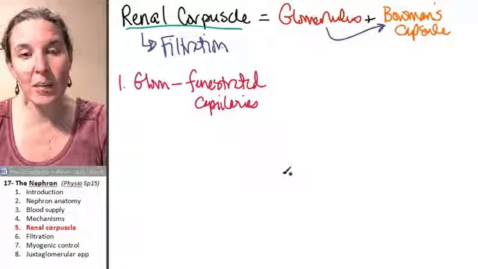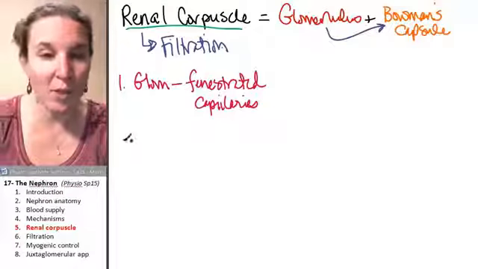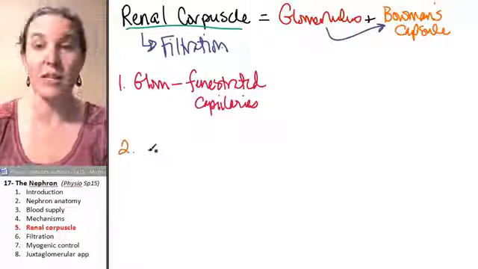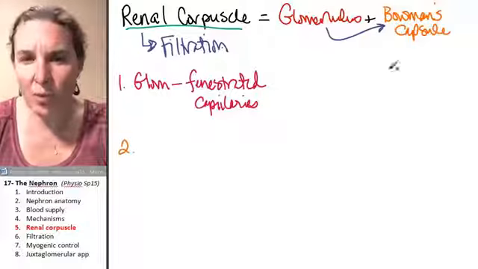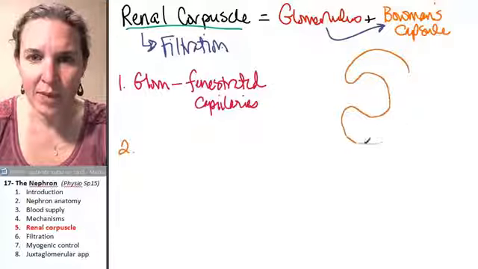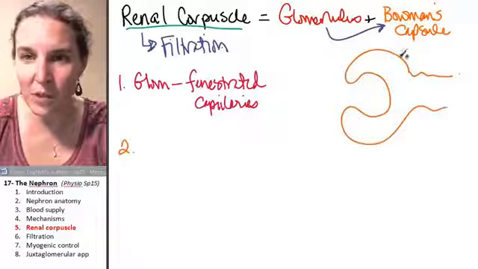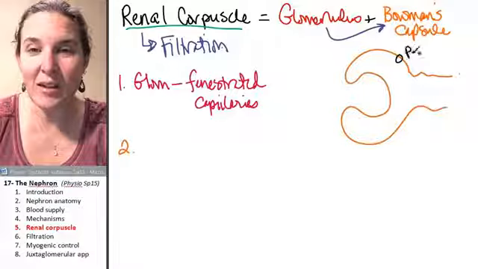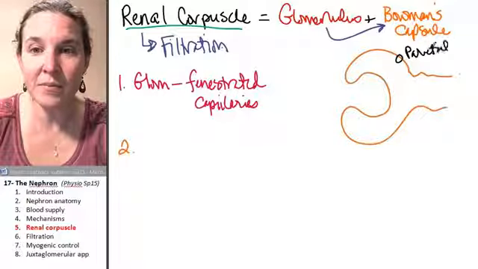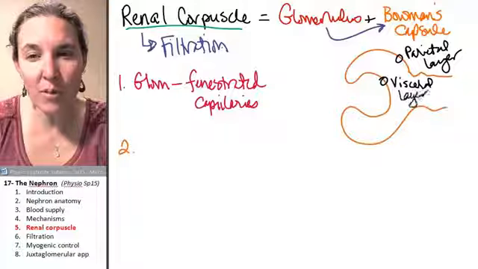They're fenestrated capillaries that are surrounded by Bowman's capsule, which also has some unique characteristics. Remember how I showed you Bowman's capsule looked like this? It had the two layers, and anatomy humans know that this is the parietal layer of Bowman's capsule, and this would be the visceral layer of Bowman's capsule.